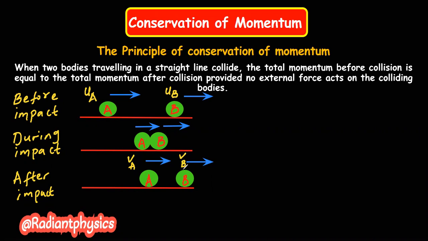Now, you know that momentum, which is represented by a small letter p, is given as m times v, that is the mass of the object times its velocity.